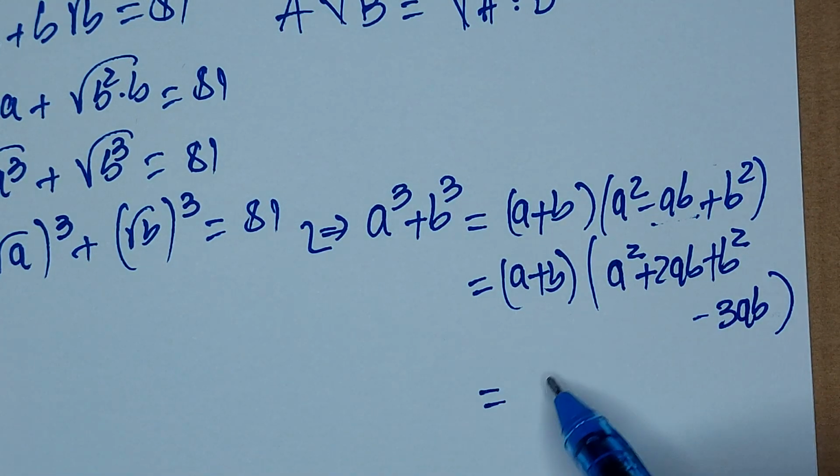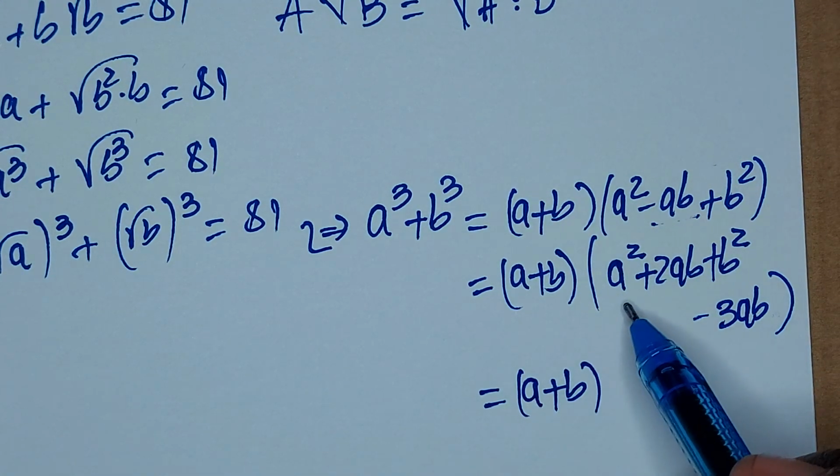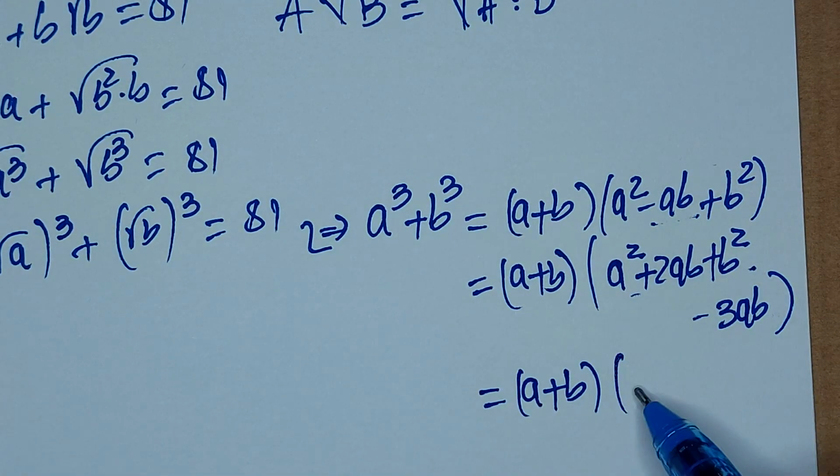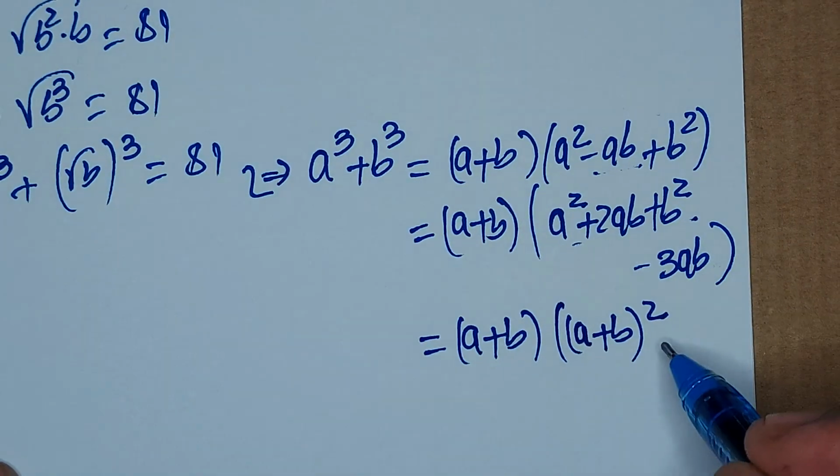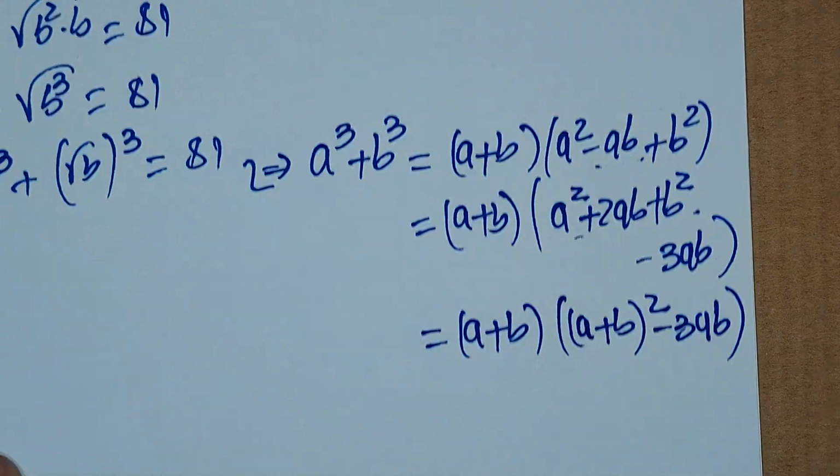So now I have that this is going to be a plus b, and this is a perfect square, which is a plus b squared, minus 3ab.